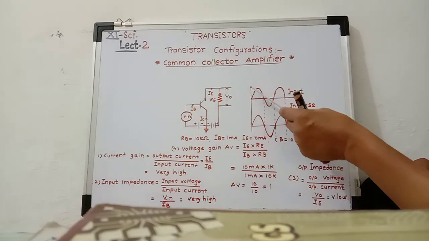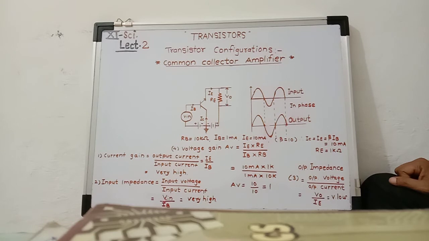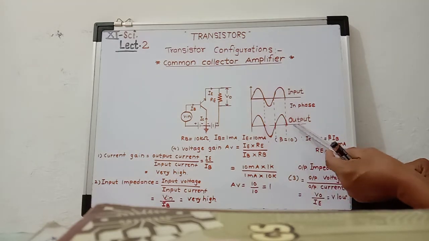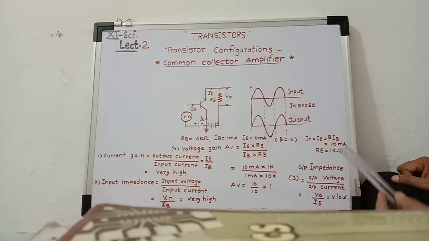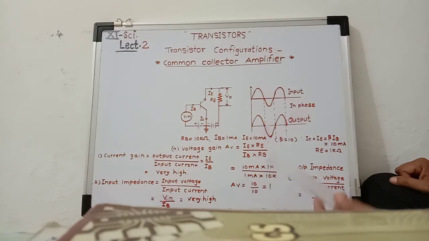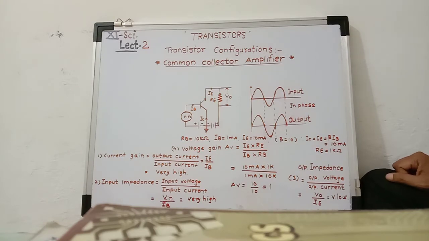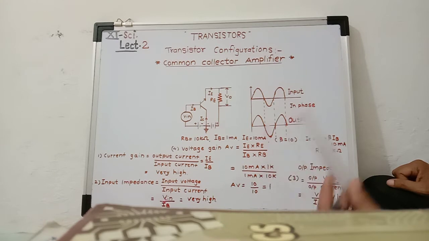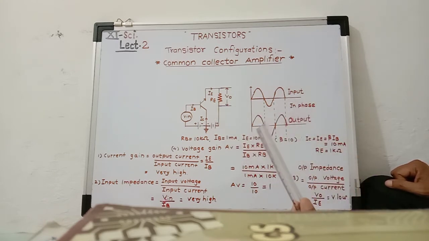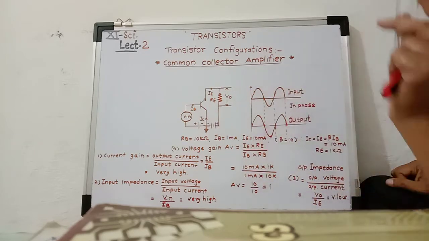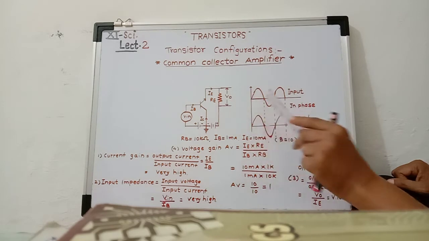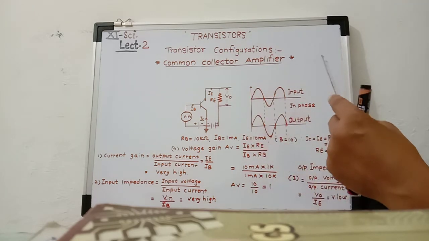Now see the input and output waveforms. Here the output signal voltage is in phase with the input voltage. This voltage follower circuit provides unity gain, which means the gain is 1. Since the gain is 1, the input voltage is equal to the output voltage.